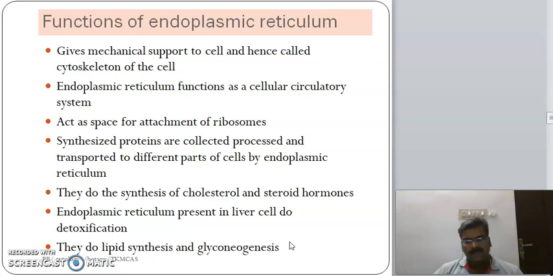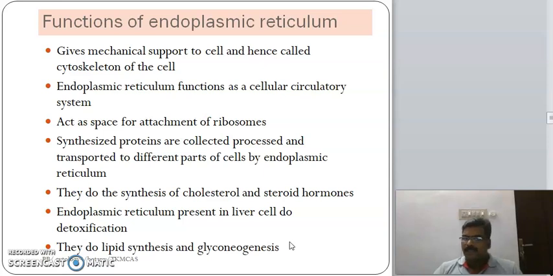Normally, protein synthesis is carried out by ribosomes, and the endoplasmic reticulum acts as the site of attachment of ribosomes. The proteins synthesized by ribosomes are stored and transported by the endoplasmic reticulum. They also synthesize cholesterol and steroid hormones.